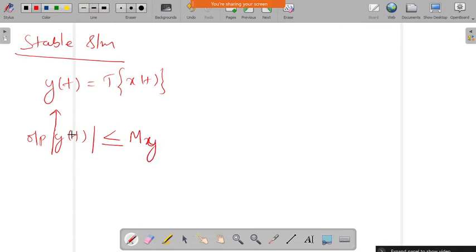So this output should have some bounded value for the bounded input value, that is M x.